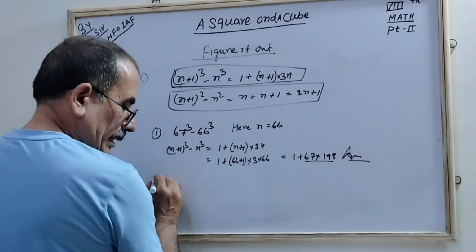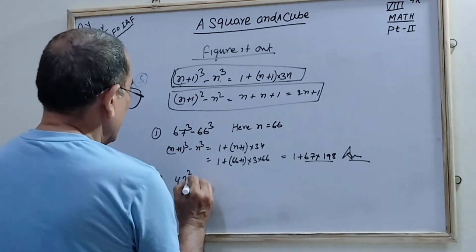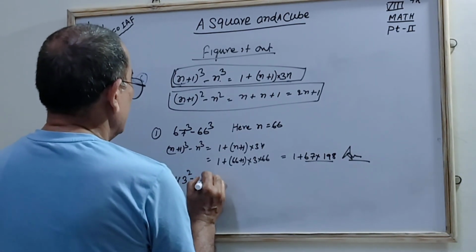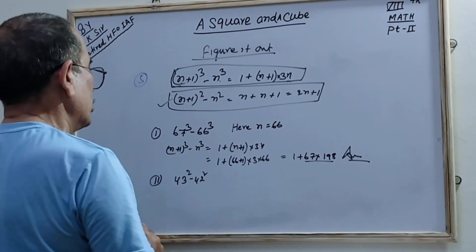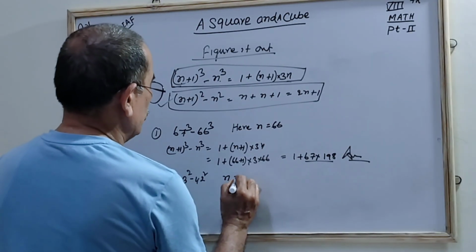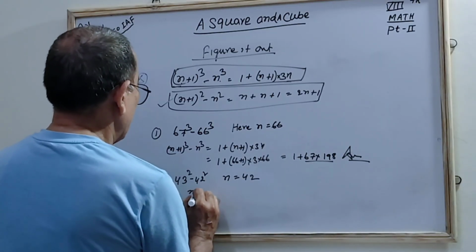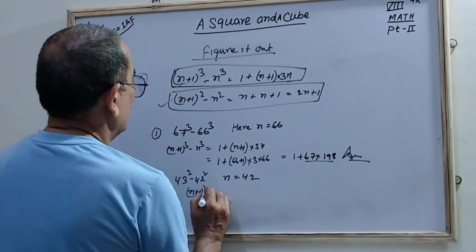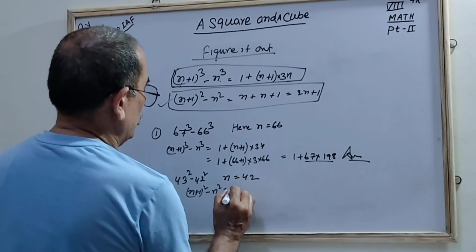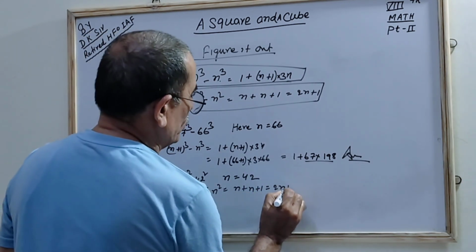The second question is 43 square minus 42 square. This is applicable for the second square question. Here also we know that n is equal to 42. The formula we know is (n+1) square minus n square is equal to 2n plus 1, correct?